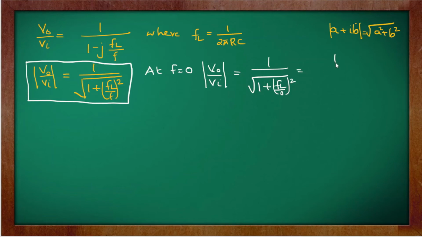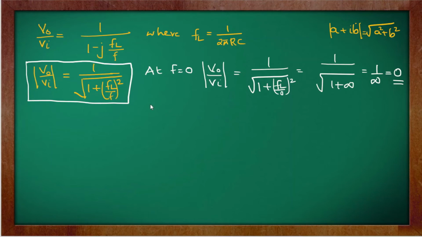So this is 1 by root of 1 plus infinity, which is infinity. So it is 1 by infinity, which is equal to 0. So at f equal to 0, the magnitude of V0 by Vi is 0.